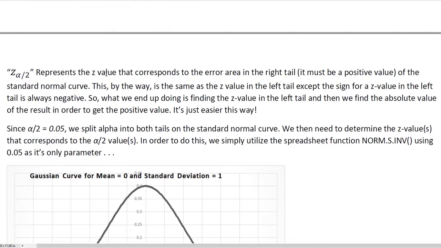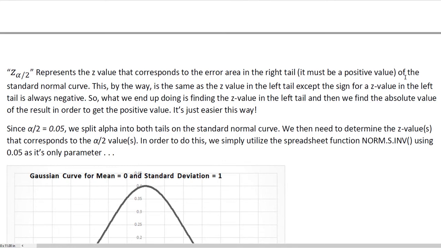Next, we have this thing we call z sub alpha over 2. And that represents the z value that corresponds to the error area in the right tail. It must be a positive value. At least it needs to be a positive value for confidence intervals.